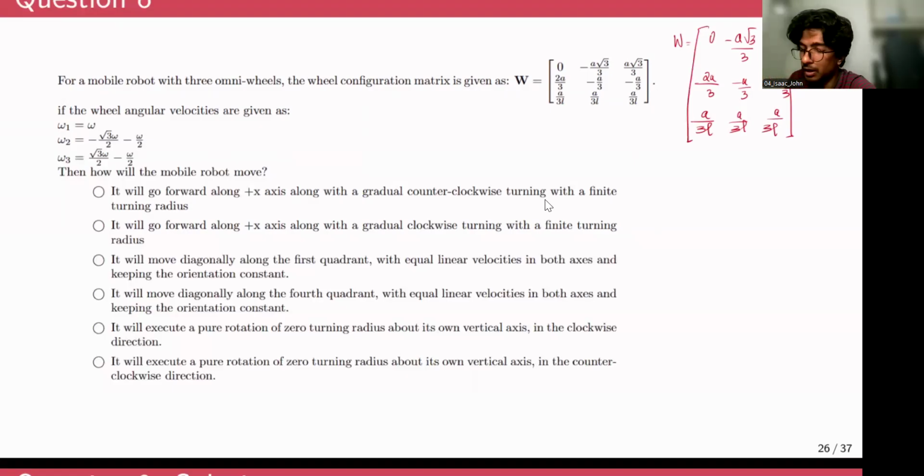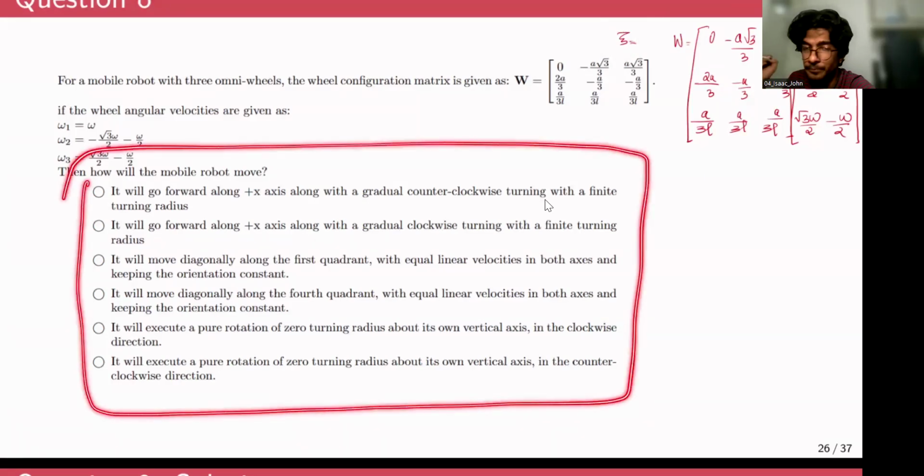And you have been given the angular velocity vector as omega, minus root 3 omega by 2, minus omega by 2, then root 3 omega by 2, minus omega by 2. So if you multiply this out, you will get this zeta vector. And based on the structure of the zeta vector, you can determine how the robot is going to move.